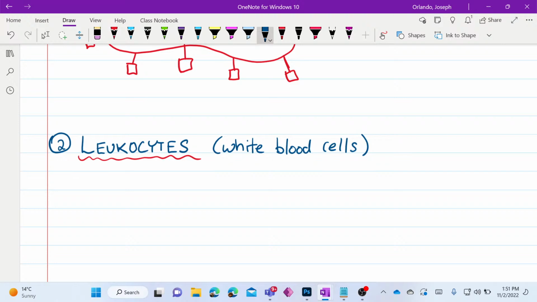Usually I know, I can't actually remember this time. But it means white, so if you were a Latin or a Greek speaker, this would just mean white cells. These are much bigger than red blood cells, but there are way fewer of them, and they travel through the body in search of foreign objects.